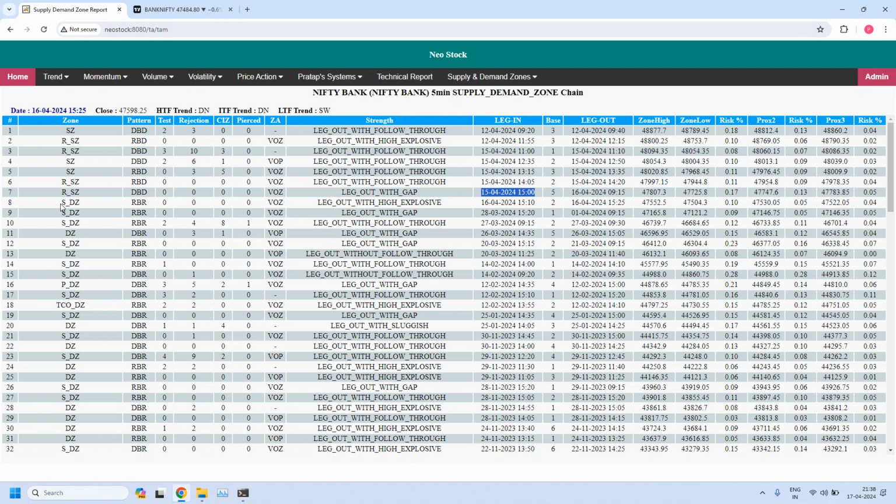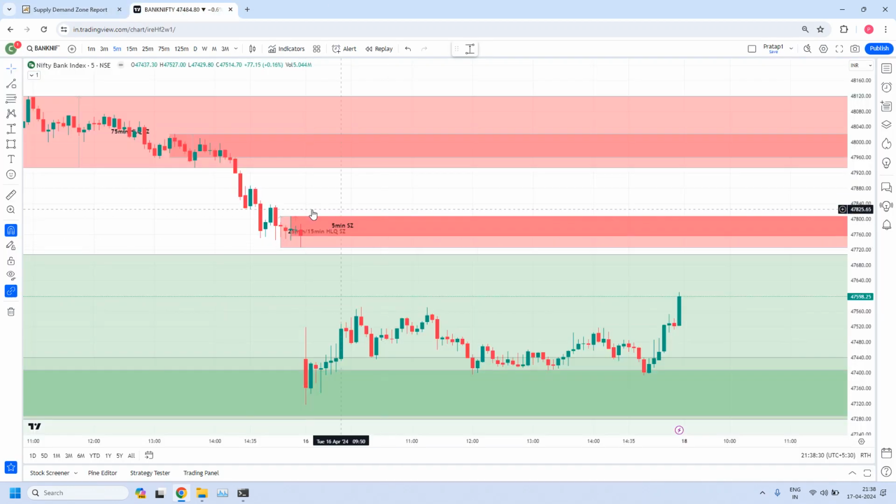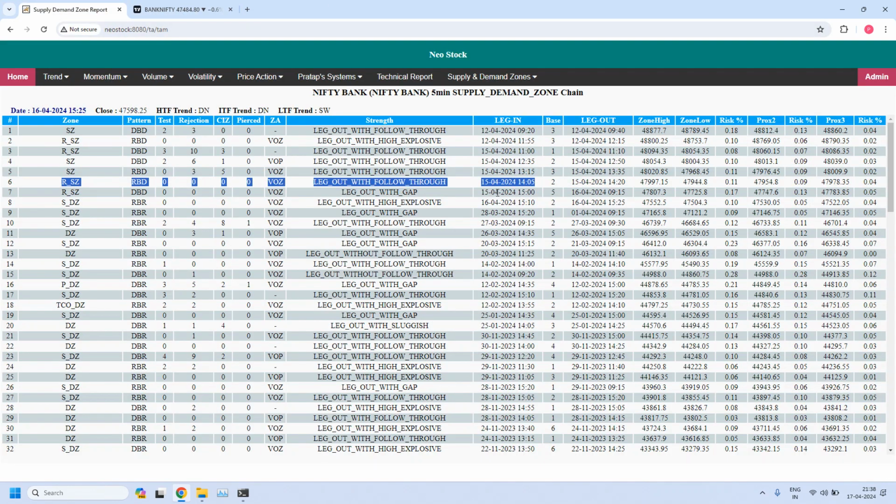Okay, anyway, we have drawn the 5 minute supply zone structure. There is one more high liquidity zone. Let us draw that also, in case this is violated. Where could be the 15.4, 14.5, two base candles.